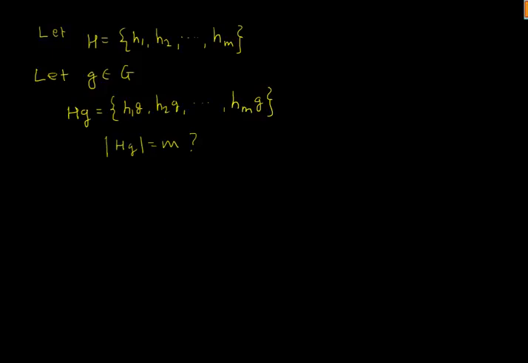To show this, we will construct another coset of H, and to construct that coset we need one more element from the group. Since G is a group, definitely it has an identity. That's why I'm considering another element e, the identity from G, for the construction of another coset.